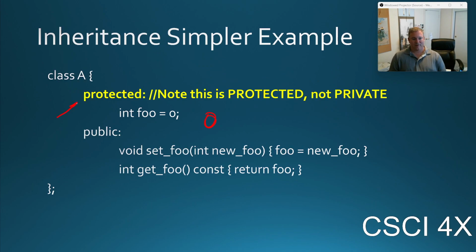So this is just like private, but it allows your children to have access to it too. Because remember, the rule for private is that nothing outside of the class can read or write directly to foo. You always have to use getters and setters, right? And that's true even of your children. Your children are not your friend, and you cannot make children your friend.